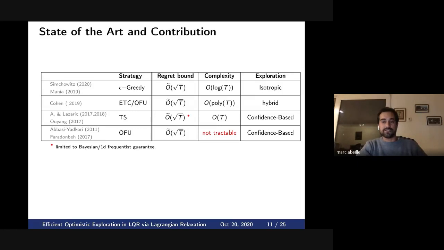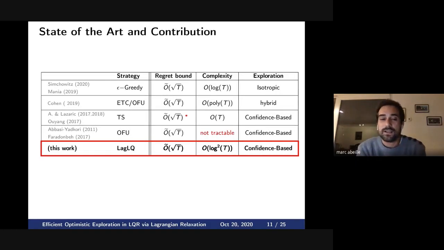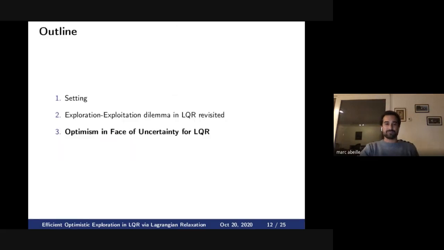We aim at closing this gap. And we propose LagLQ, an optimistic exploration algorithm. Not only do we show that it enjoys a similar regret guarantee as the original optimism in the face of uncertainty algorithm, it's now tractable and even computationally efficient, since the complexity is logarithmic. Okay, so let's enter into the details and see how we get to this result.